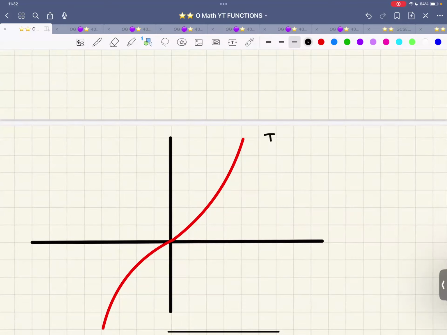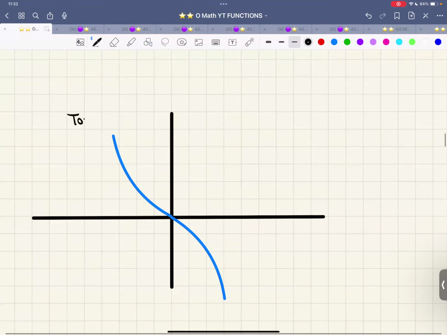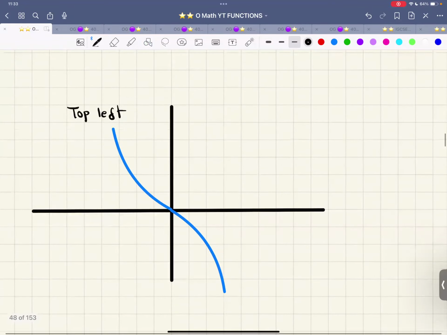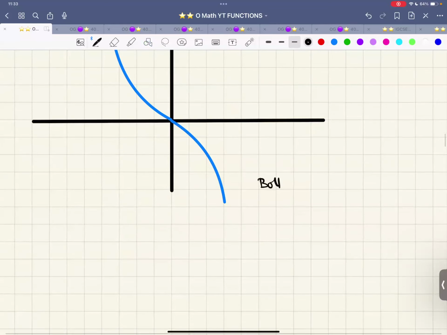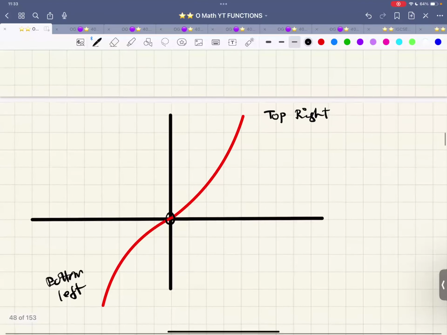This is top right of the graph. It's going till bottom left, and it's passing through the origin. This one is starting from top left, going till bottom right, and it's also passing through the origin. That's how the graph is drawn.